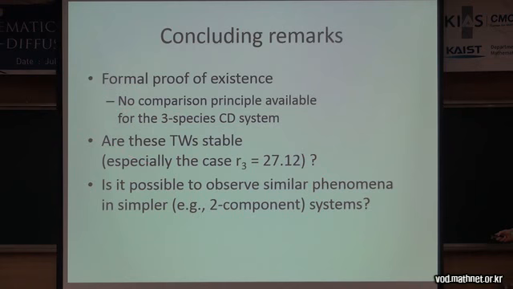Another problem left unsolved is stability of these waves, especially in the case when one of the fronts is actually unstable, planarly unstable. And finally, we are also looking into the possibility to observe similar phenomena in simpler systems, for example, two-component systems, which depends on the availability of waves in such a simpler system, which we are now currently looking into. And if someone has suggestions about that, I would gladly welcome them.